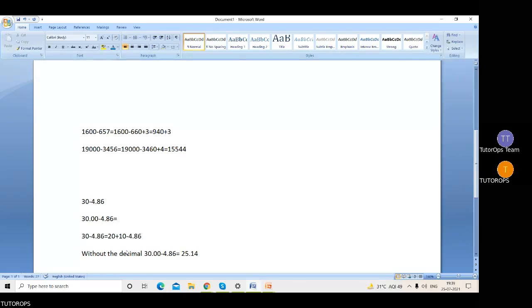So it will be also an easier method because we know that 10 minus 4.86 will just follow a subtraction from general base.